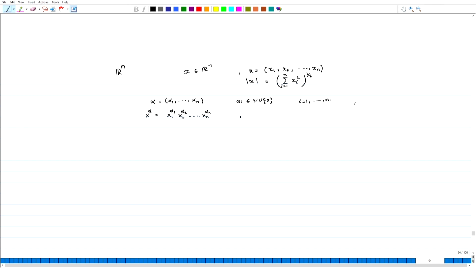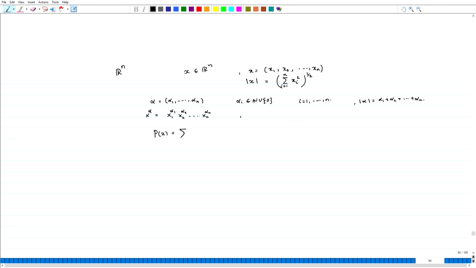And here the mod alpha we will define to be alpha 1 plus alpha 2 plus up to alpha n. So, we will say a polynomial of degree k if mod alpha is k.